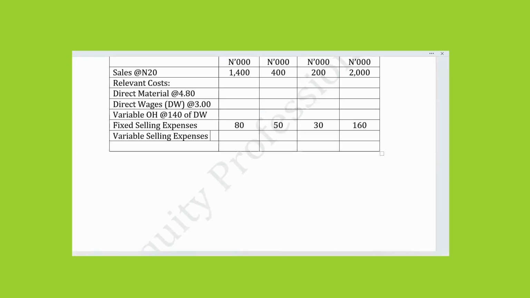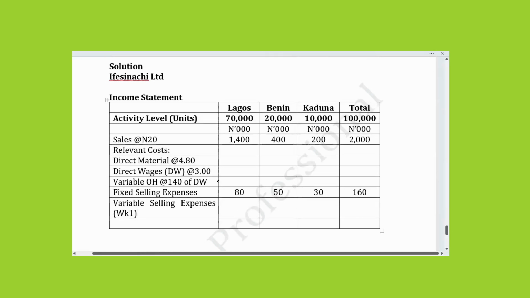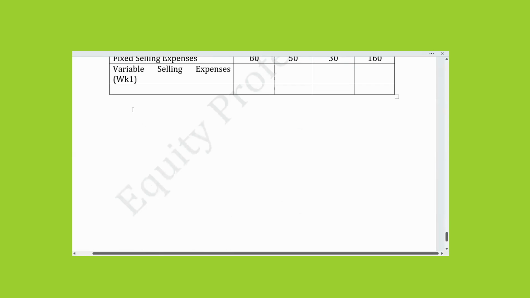We are going to do a working for that. That will be working number 1. So I will then come here. Working number 1, variable selling expenses.